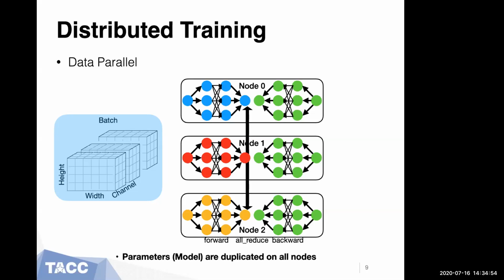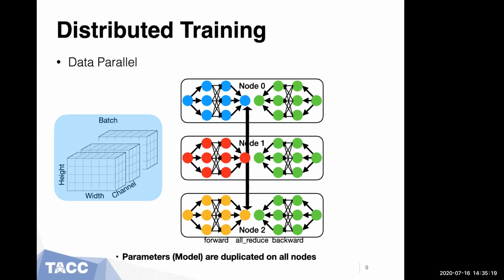So basically, this is data parallel. It's just an allreduce operation right after the backward computation to average the gradients. The good thing is that in the forward computation phase, this parallel model can make really high utilization of available nodes.